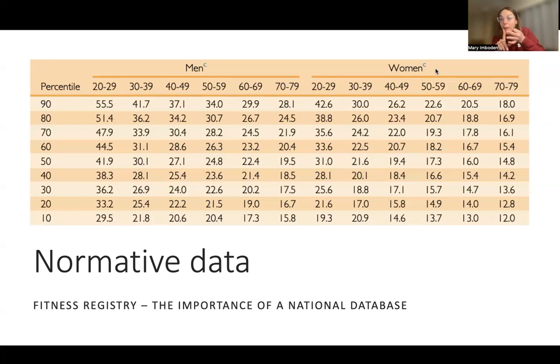But while that might be true, what about a 20 to 29-year-old with a VO2 max of 19.3, so in the bottom 10th percentile? That probably indicates that they're on track to be at less than 17.5 with age, right? And so if we can intervene earlier, it would be really helpful to know what that risk is at an earlier age group.